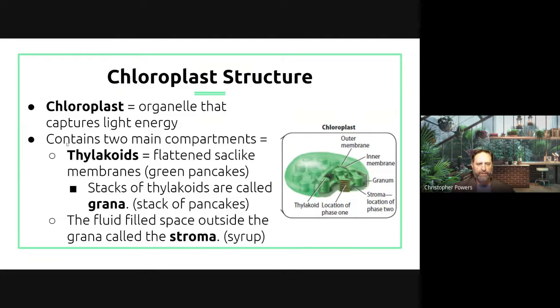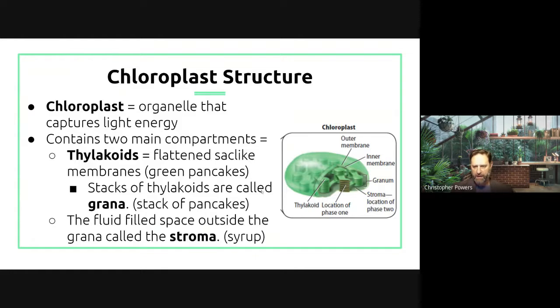The chloroplast contains two main compartments: thylakoids, flattened sac-like membranes or green pancakes. Stacks of thylakoids are called grana. That's a stack of thylakoids.